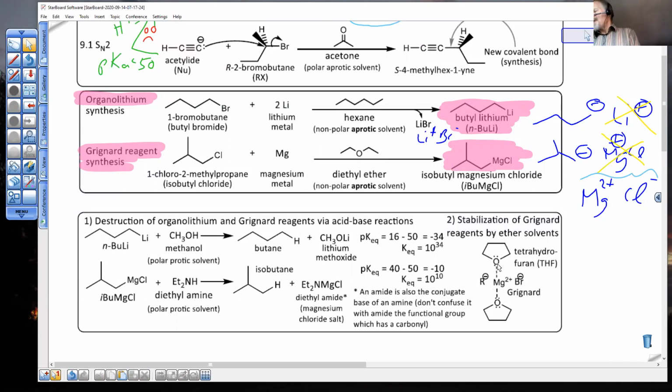The lone pairs on ethers, which are not present in hexane, do you see lone pairs there? I don't either. You need lone pairs in an ether to stabilize this developing positive charge, or else the reaction doesn't happen. So you are getting partial grade for solvents and using the right metal. And that's how we make organolithium compounds and Grignards.